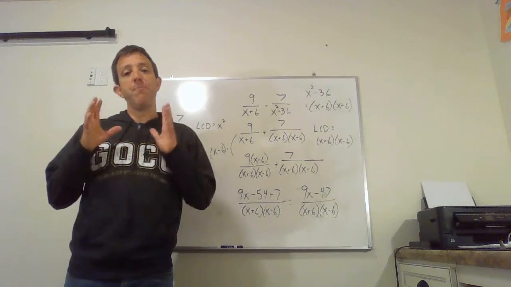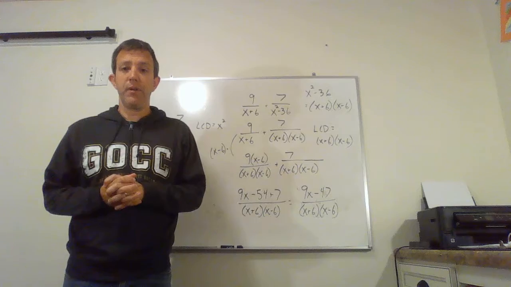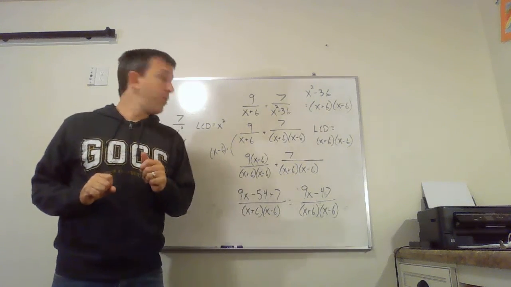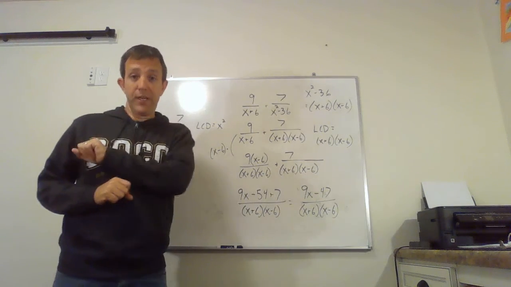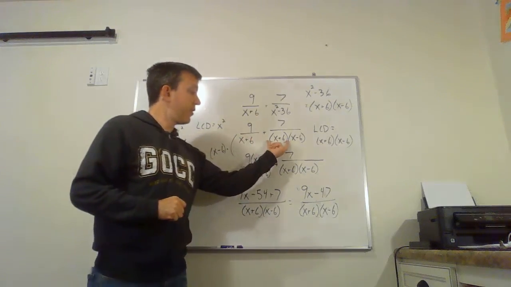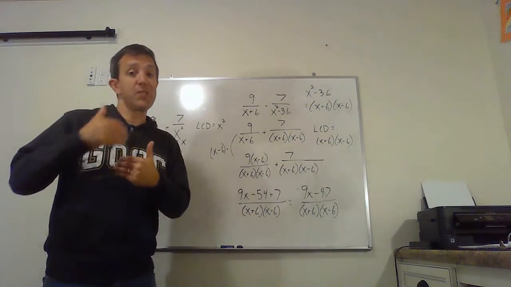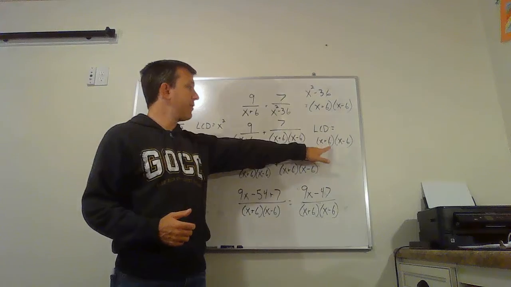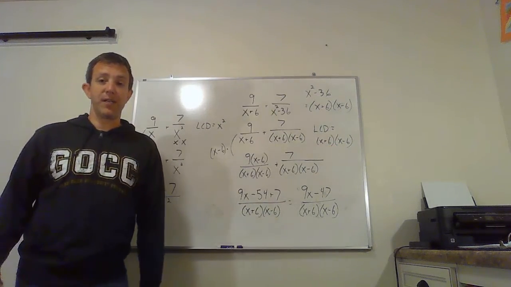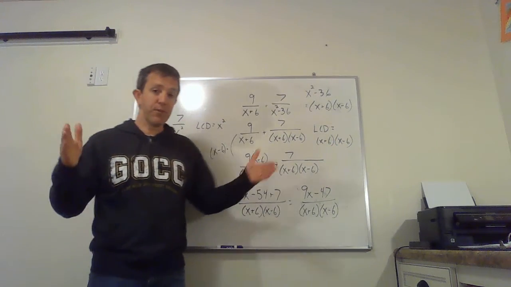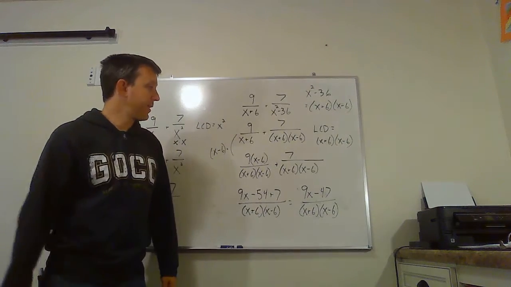And remember, we want the most of each piece that shows up. And so for the x plus 6, the most is still just 1, because there's 1 here, there's 1 there. So my common denominator is x plus 6 times x minus 6. Okay, just taking those two pieces and using them together.